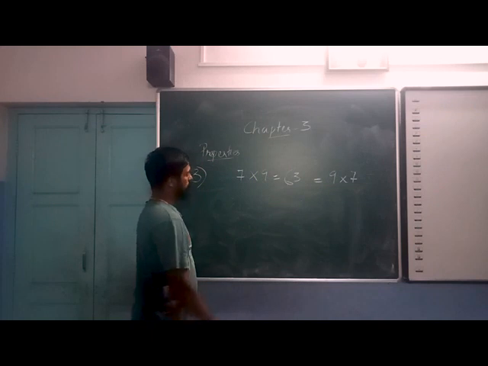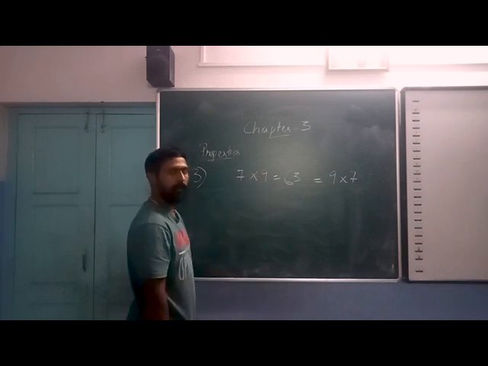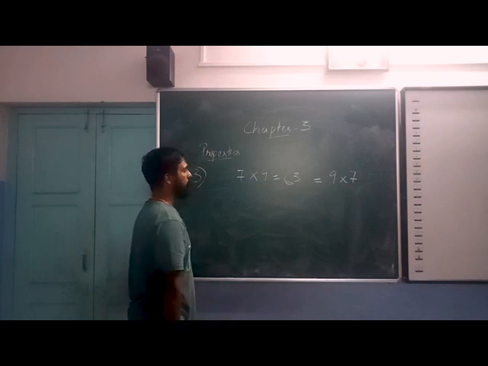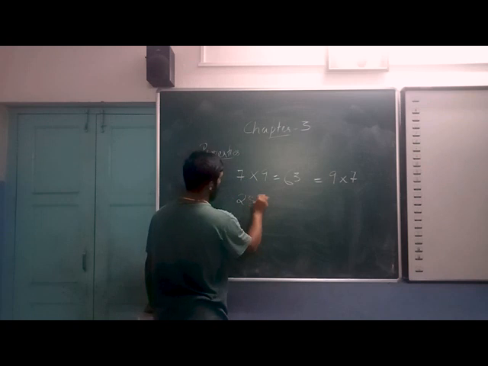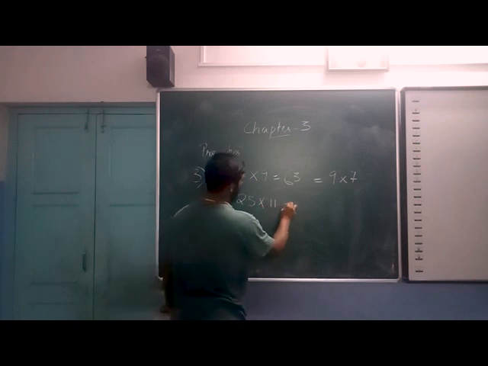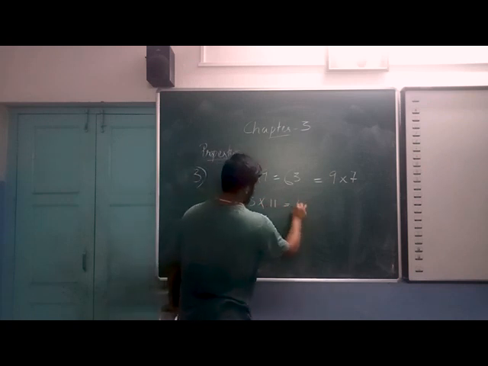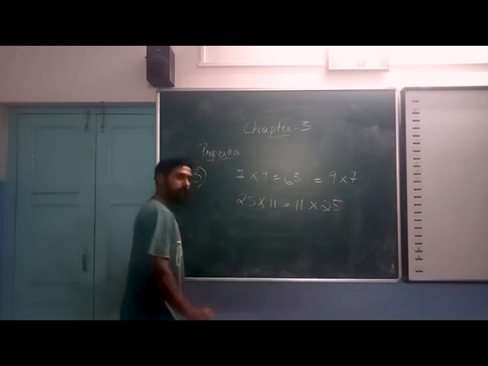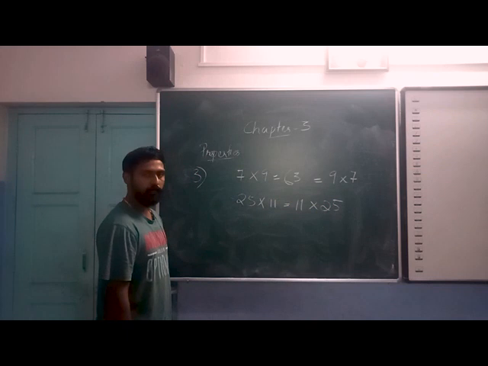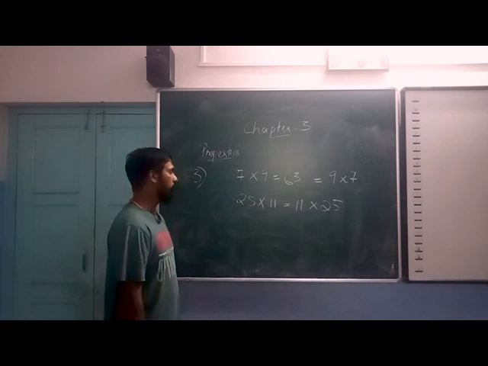Understood? So 9 into 7 also is 63, and 7 into 9 is also 63. 25 into 11 also is equal to 11 into 25. The answer is the same. Even if you change the position, it will be the same.